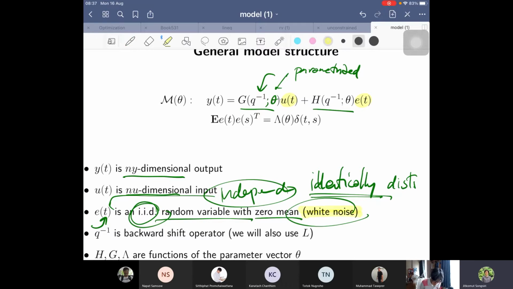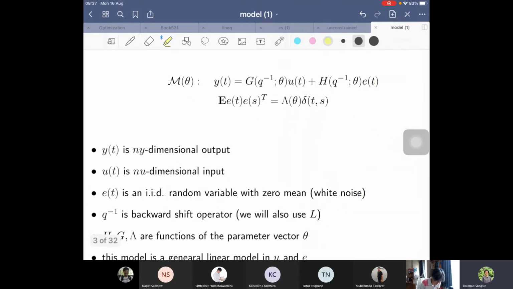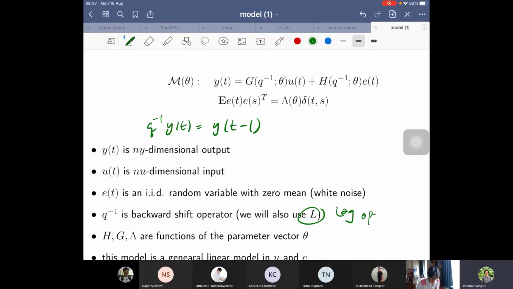If you haven't heard of the term here, please review the video lecture or just read it from any random process textbook. q^-1 here is a backward shift operator, which means q^-1 y(t) makes one step backward, which is t-1. I'm also going to use sometimes an L operator, which is the same thing, and has another name, the lag operator.